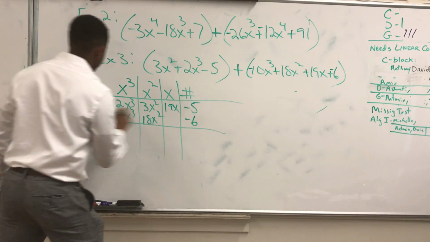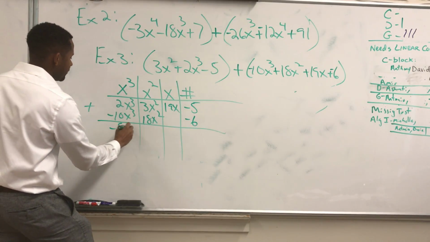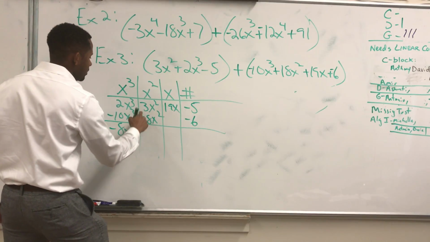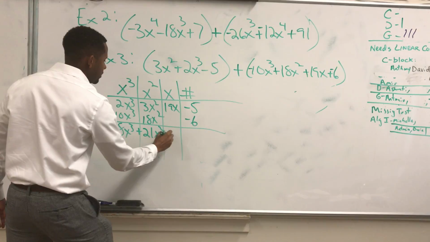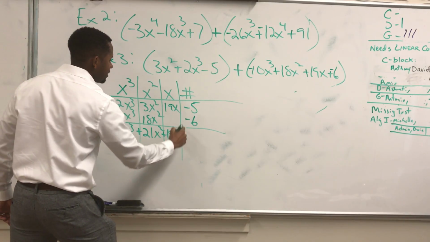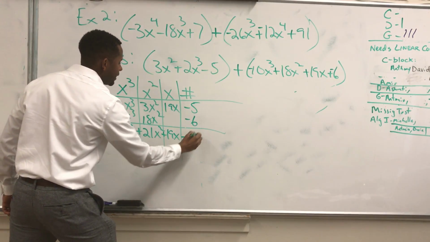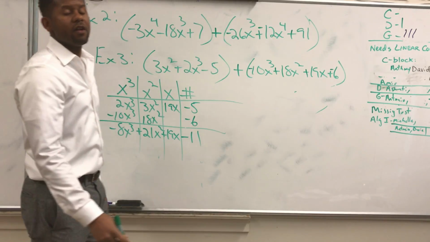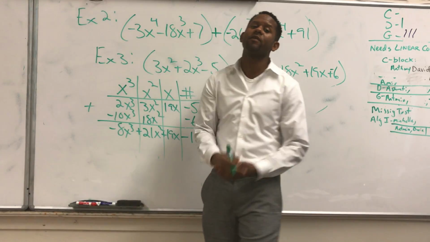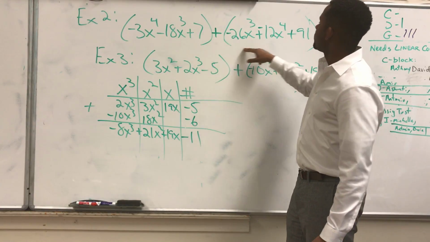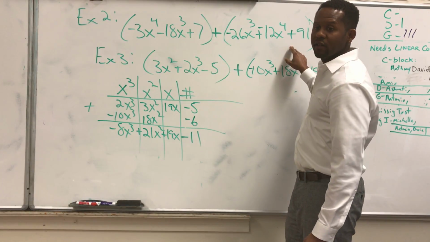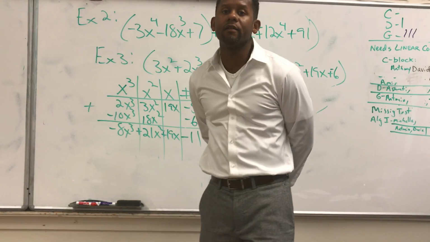I put these all together. -8x cubed, 21x squared, 19x, and -11. All right, so it's taking the same ideas from the other day, changing the problem into addition, and putting it all together.